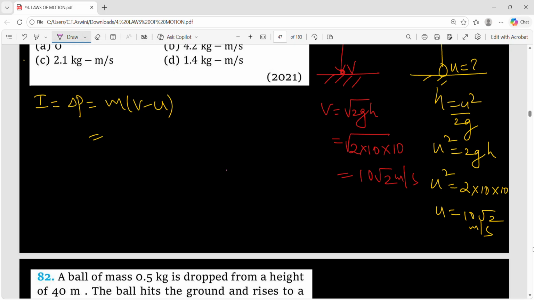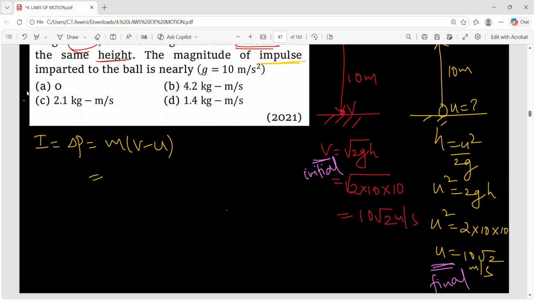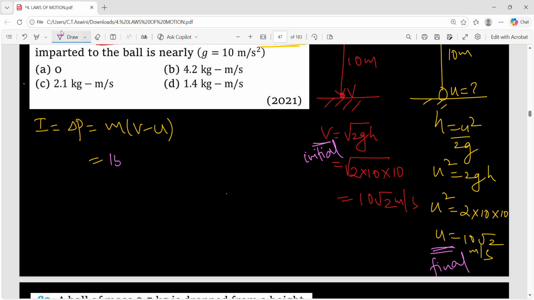See, in the second case, when it was rebounding, that is your final velocity. When it was striking the ground, that was its initial velocity. You have to take the whole thing, falling on the ground and then rebounding. You have to consider all together. So initial velocity is the velocity with which it is touching the ground. Final velocity is the velocity with which it is rebounding.